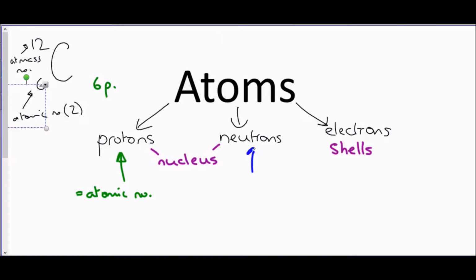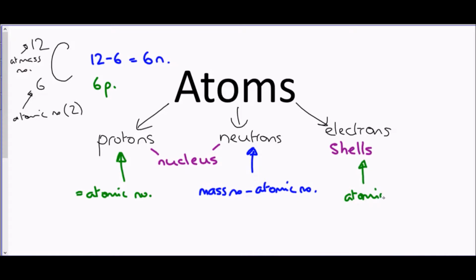The number of neutrons can be calculated using the atomic mass number, take away the atomic number. If we look back at carbon, 12 take away 6 gives us 6 neutrons. And finally, for the number of electrons, I'm going to use the calculation atomic number, take away the charge.